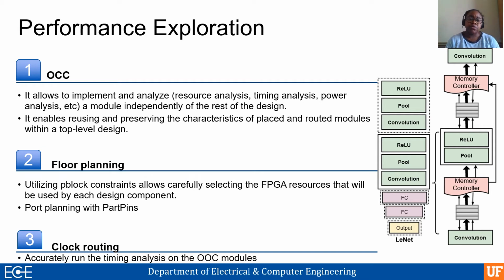It also preserves the quality of result of the submodule in the final design. The third step is the clock routing. In this step we just perform a routing of each component that has been synthesized out of context.